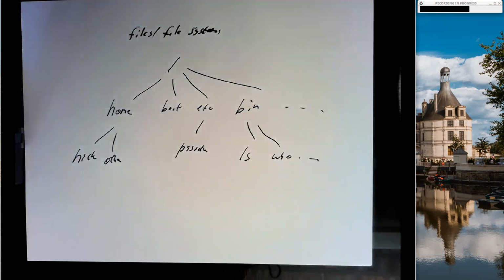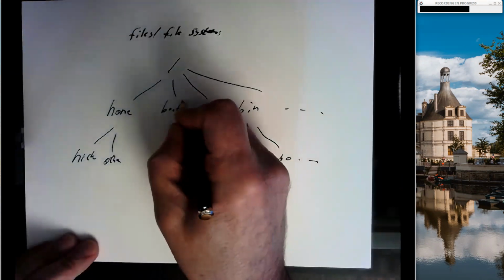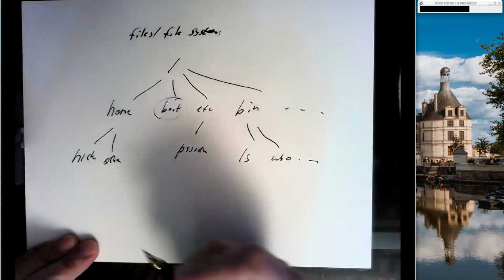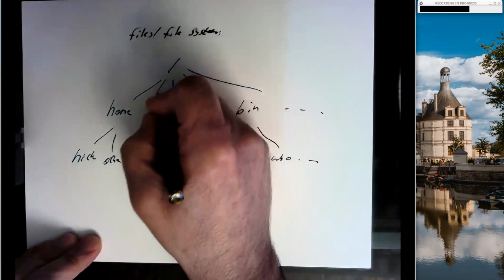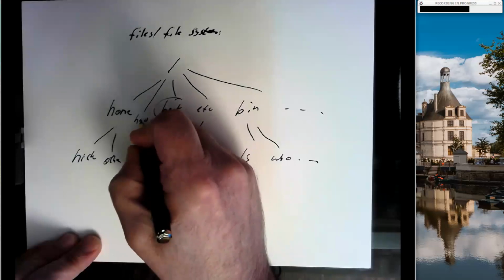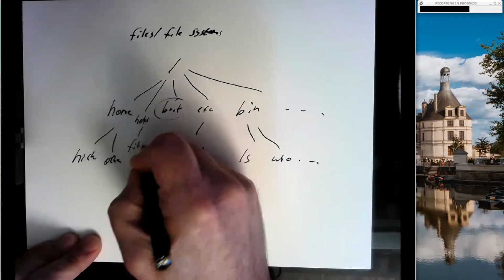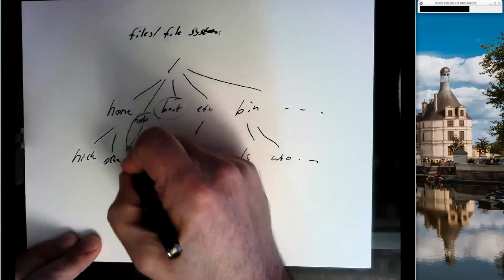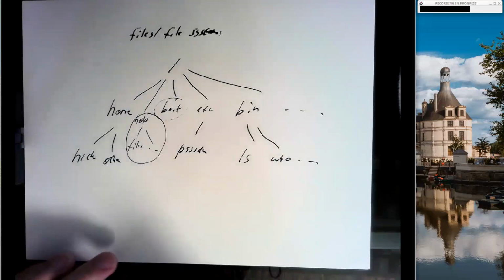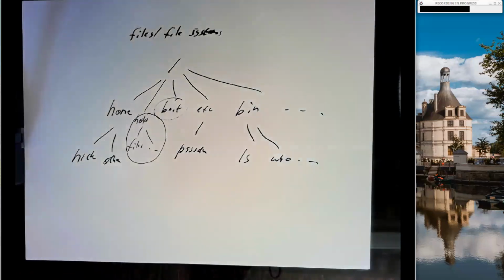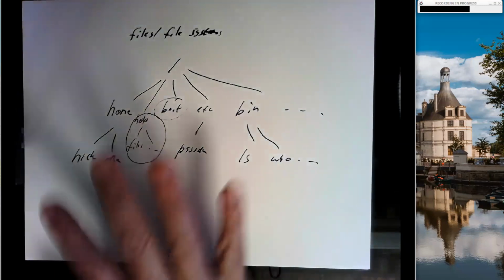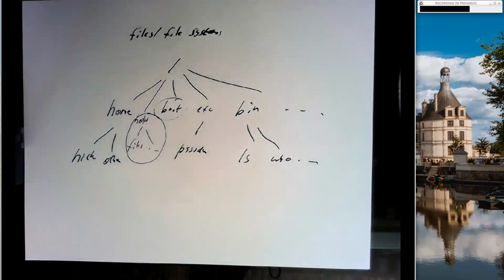But the way you set this up, as an administrator, I could, for example, set this to be on a different device. And this /HDD, which has files and other stuff, this could be on another separate device. And as a user or as a program, we don't really care about these distinctions.